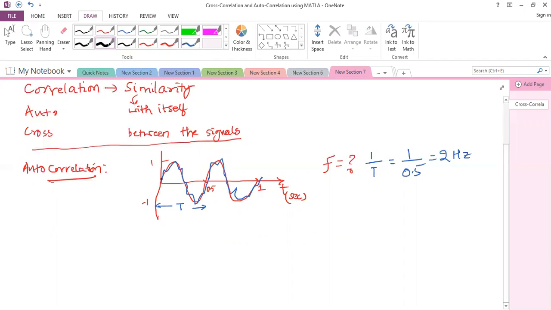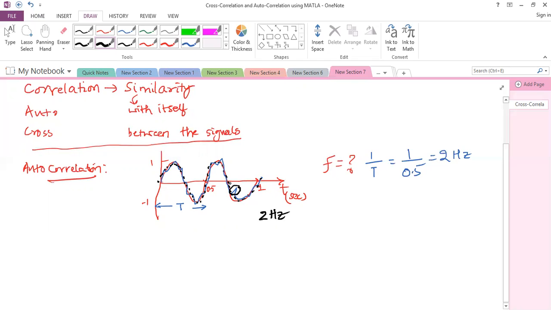If you look at this particular signal, you can say that roughly overall the signal is varying something like this. If you don't worry about these spikes in between, overall the signal is varying like this, and it is a 2 hertz signal.